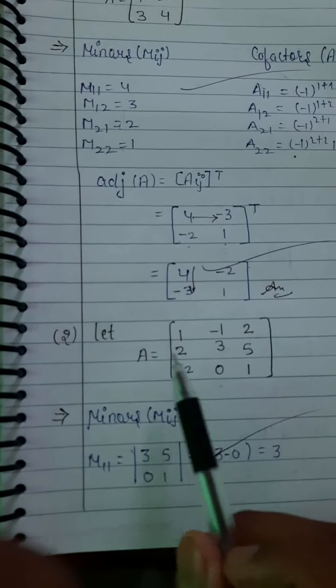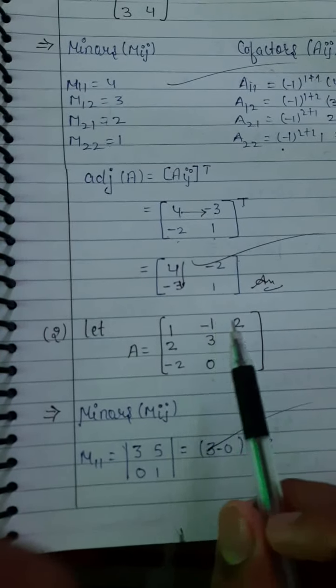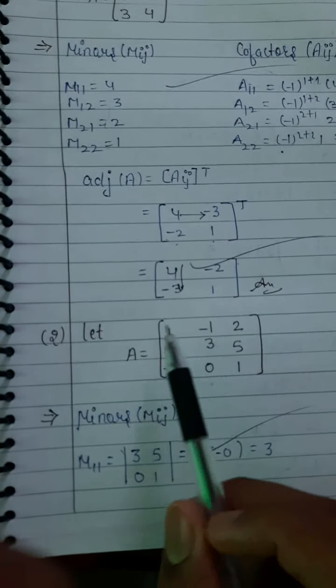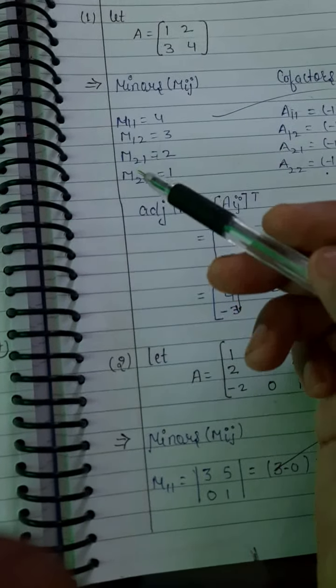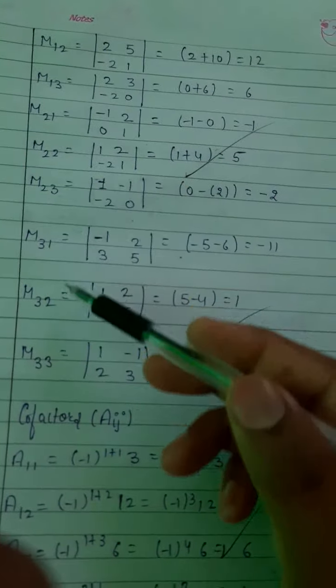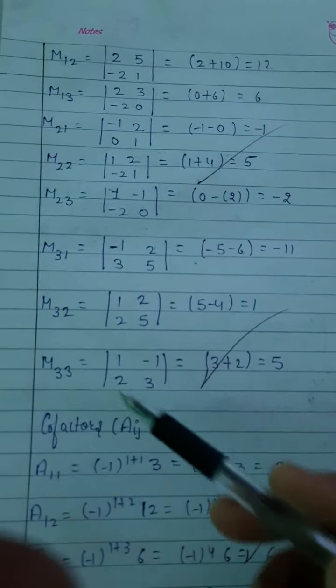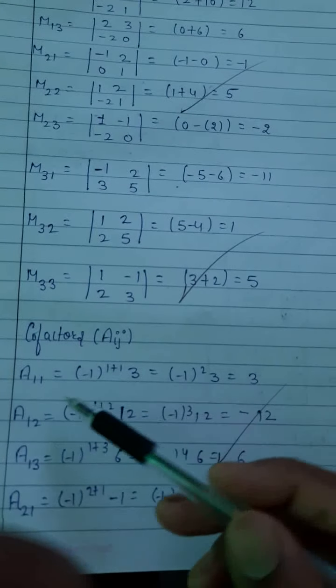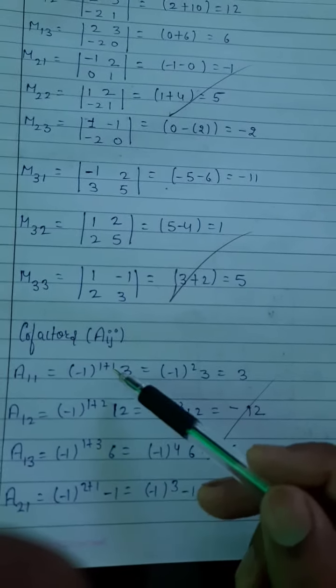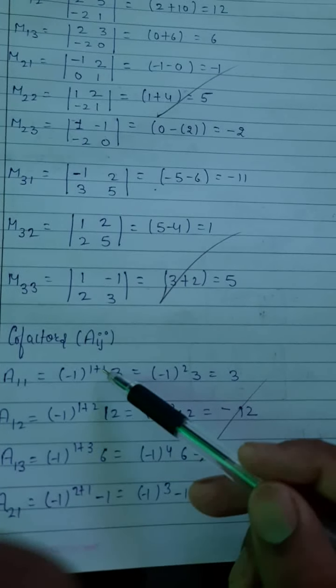As it is, you can see in a 3 by 3 matrix, firstly we will find minors of all. How many elements are there? 1 2 3 4 5 6 7 8 9. So 9 minors will come and 9 cofactors will come. So like this we will write. Okay, see here, I am finding all the minors first. Then I am finding cofactors by the changing sign rule, minus 1 power i plus j, 1 plus 1. So minus 1 squared will become positive 1.